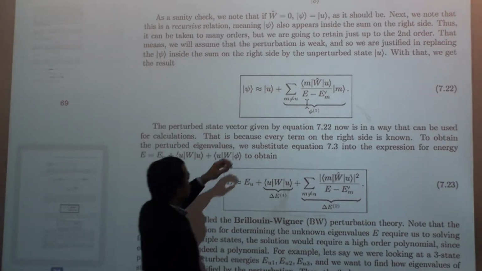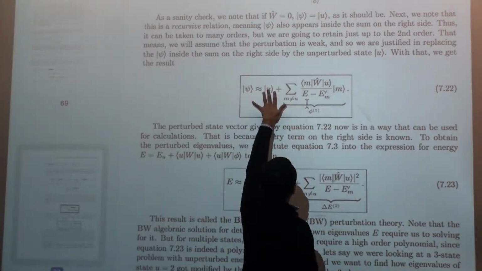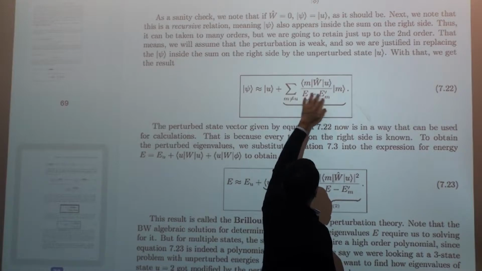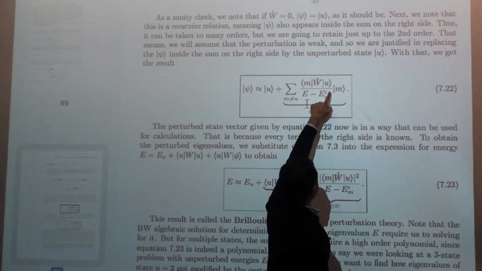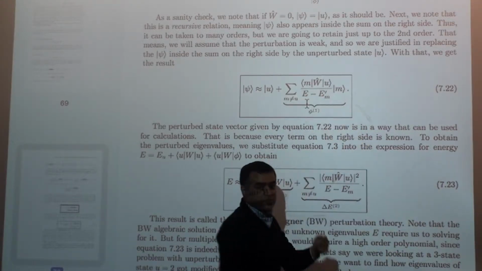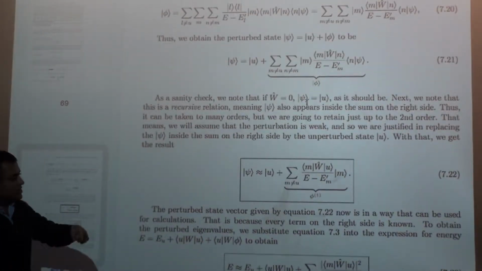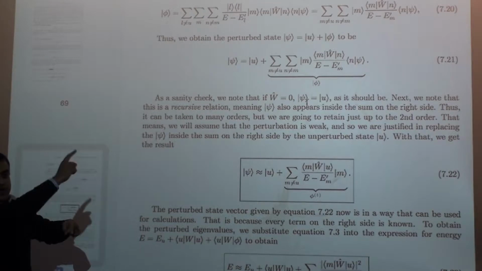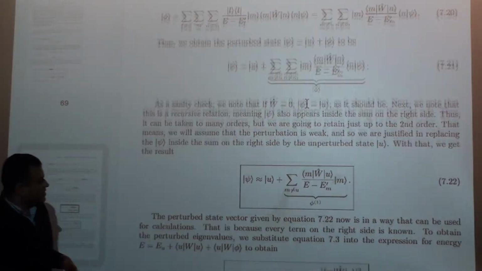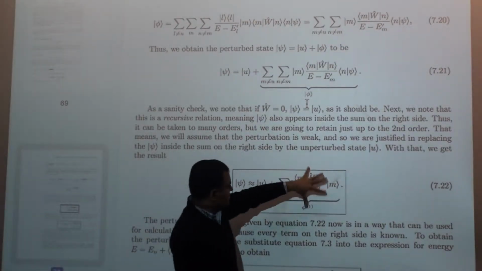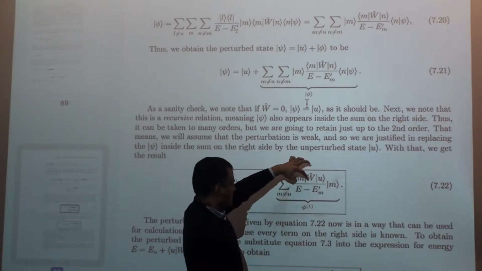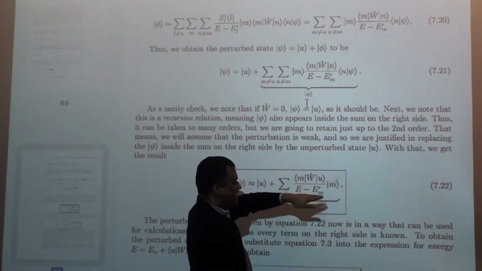The main point here is that the final state is equal to the initial state plus a sum over all other states it interacts with. If it interacts, your matrix element is non-zero. That's what first determines whether there's any interaction between a state and another one. If that's non-zero, then the strength at which it interacts, the coefficient, is that matrix element divided by the energy separation.